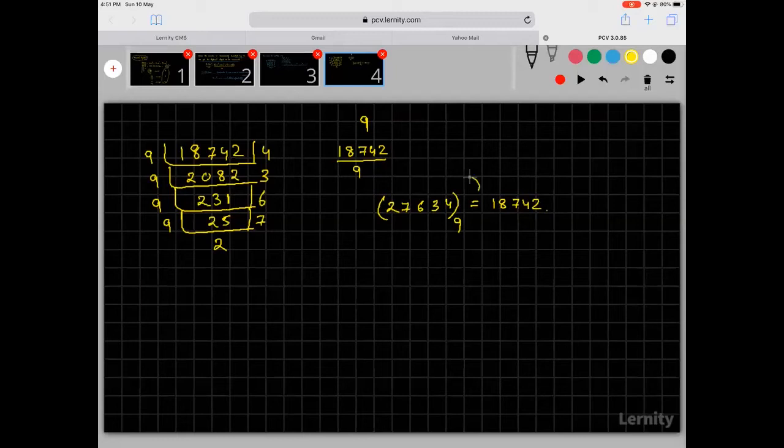Okay, can you just spend a few minutes trying to make some notes? This is true not just for 9, any base. Can you just think about it for a few minutes?